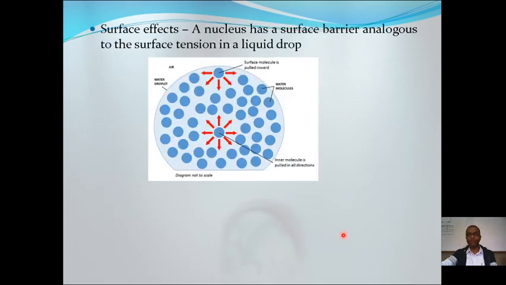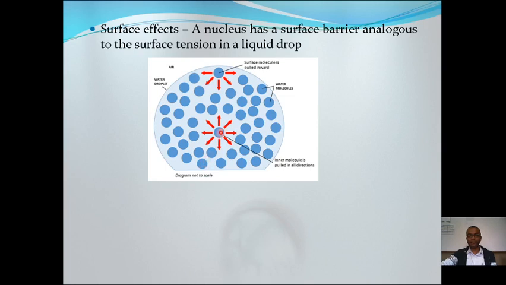What are the other similarities? Surface effects. A nucleus has a surface barrier analogous to the surface tension in a liquid. So this is a depiction of a water droplet. So here we can see the surface tension of water. Why does it arise?